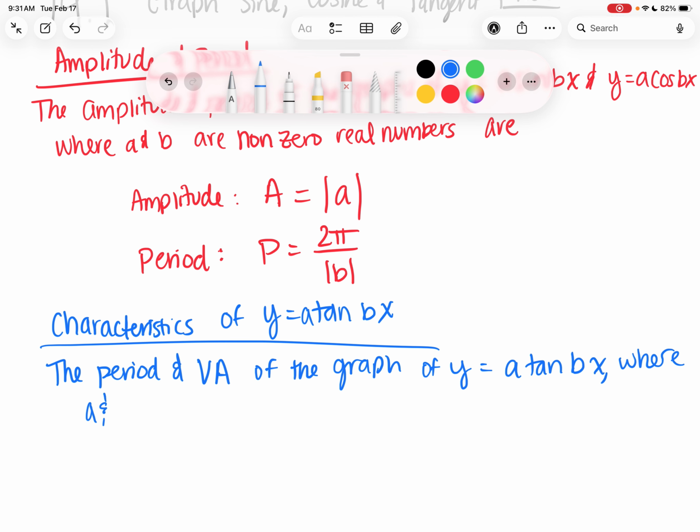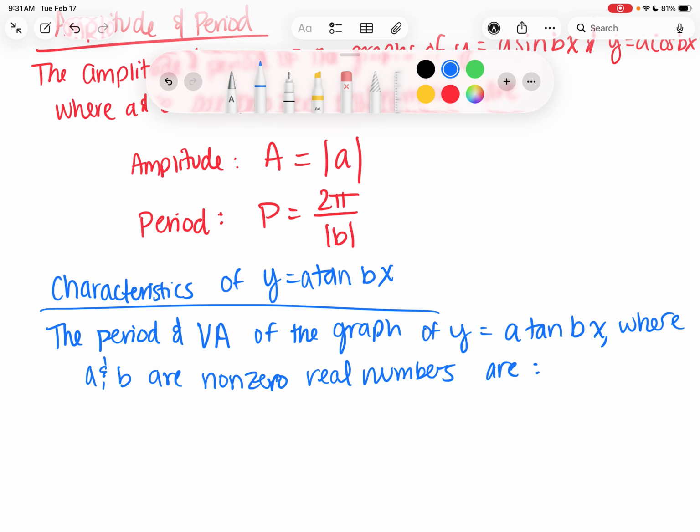where a and b are non-zero real numbers. So you're going to want to make sure you pay attention to this. The period for tangent is different.